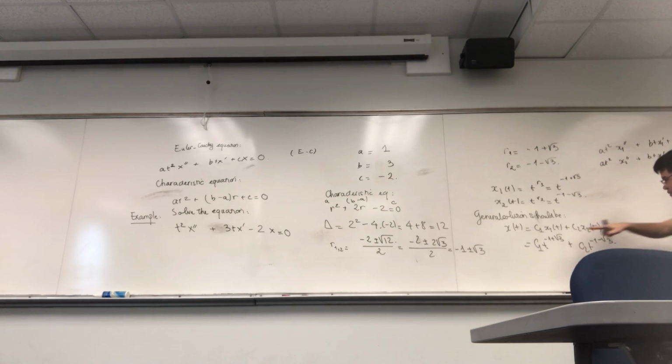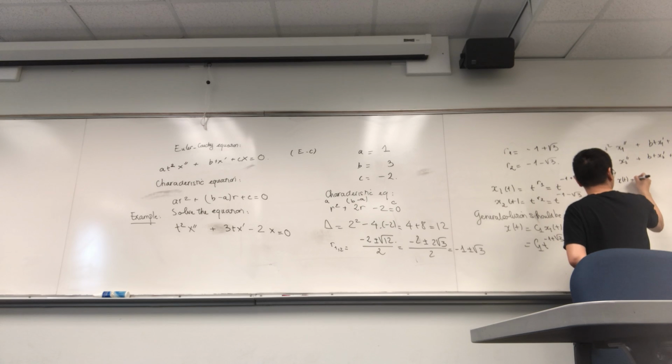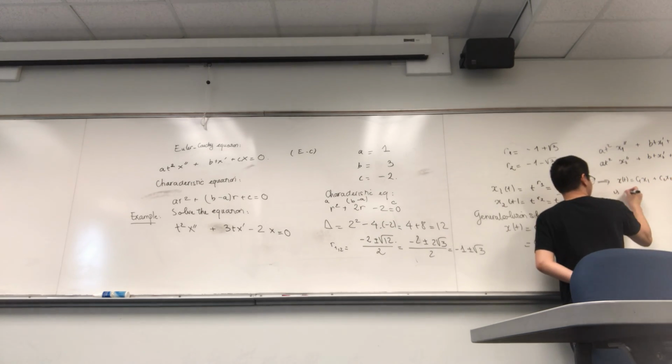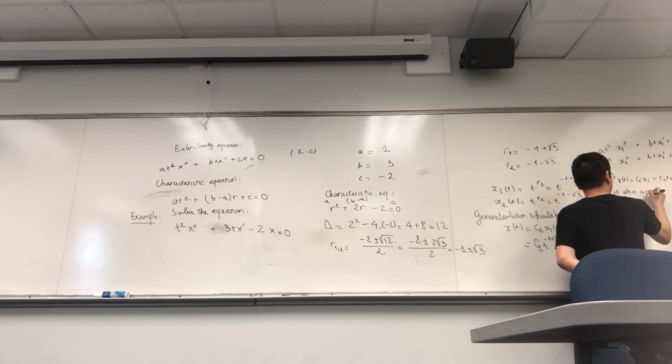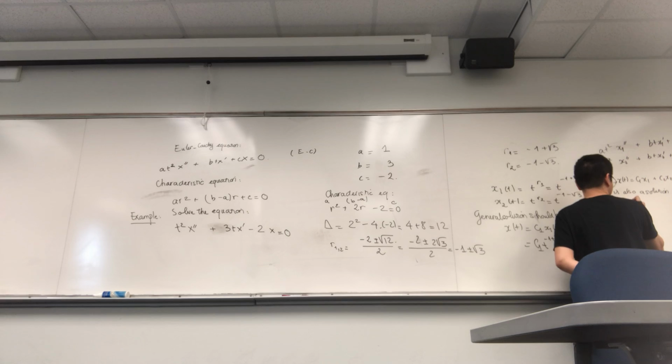So in this case, x1 is this guy, and x2 is also this guy. So I want to say that x(t) is c1 x1 plus c2 x2 is the solution. Right? Why?